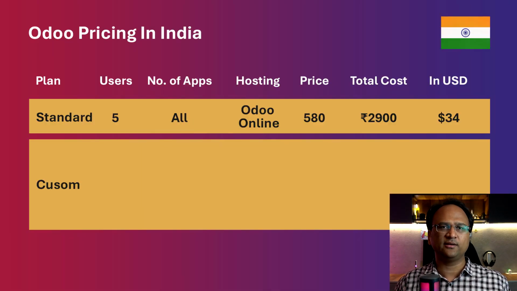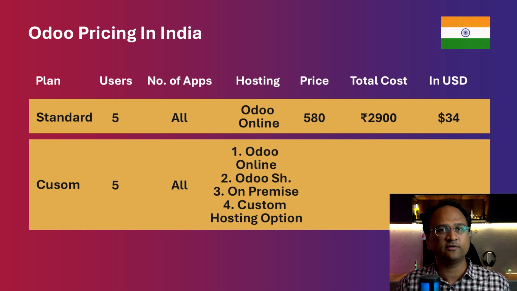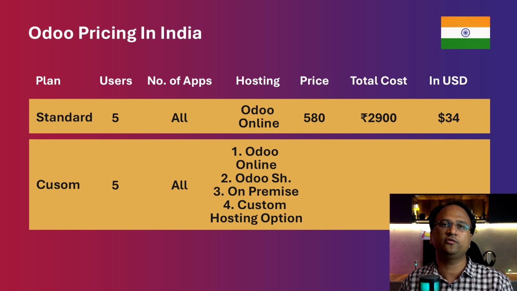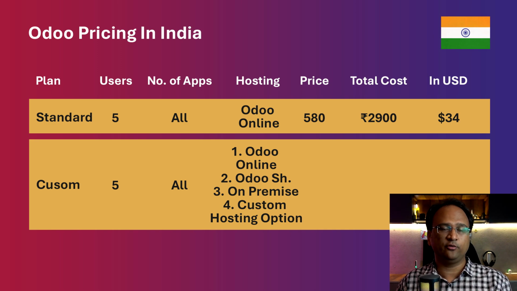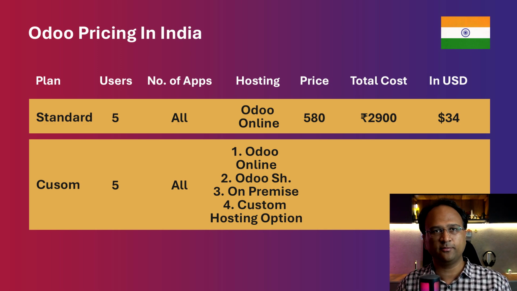In the same scenario, when we go to the custom plan, keeping everything else the same, let's say we again have 5 users coming in. We are using all the applications, but in this case you have an option to choose Odoo Online, which is the basic hosting, or Odoo SH, or you can host this Odoo instance on-premise. You can establish multiple companies in it, use external APIs, as we discussed before.